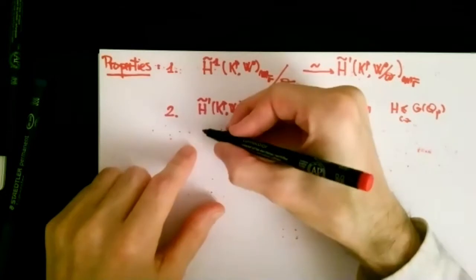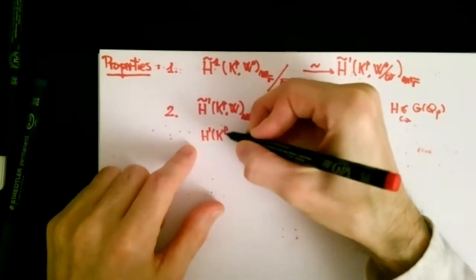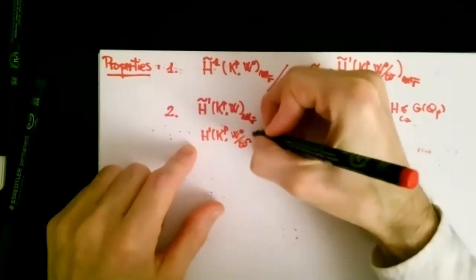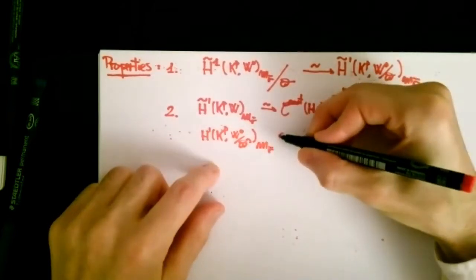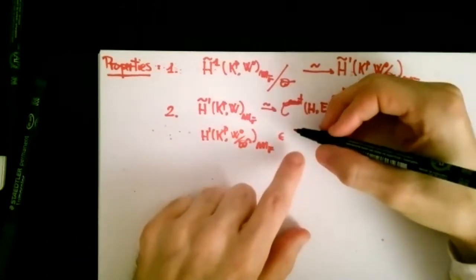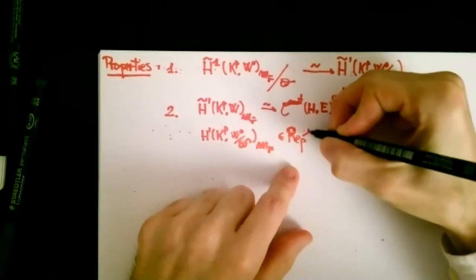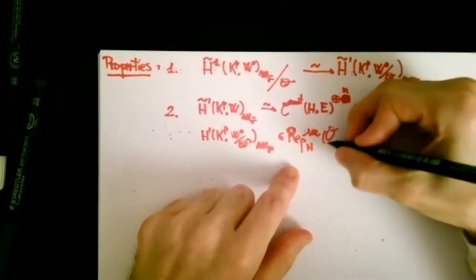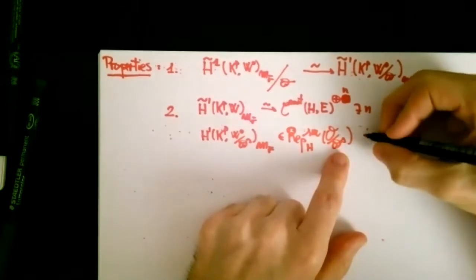And this actually follows from the fact that the H1 K upper P W naught mod S localized is a smooth representation which is injective. So it's a smooth H representation with O mod S coefficients, which is injective.